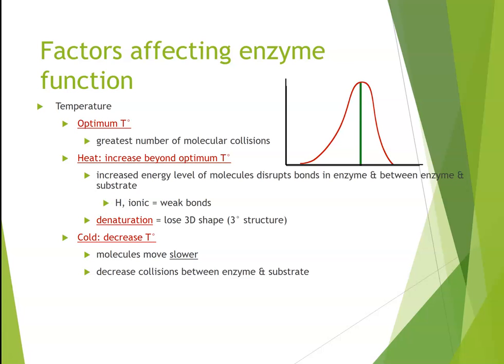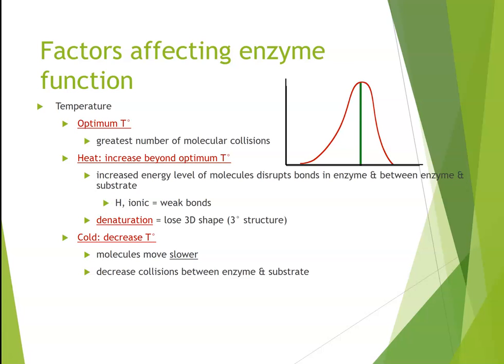It will lose its three-dimensional shape or its tertiary structure, and it will be unable to work anymore with that particular substrate. So the shape, remember, is very important to the enzyme's ability to do its job, and heat will disrupt the bonds that form there, and it will change the shape of your protein, making it unable to work.